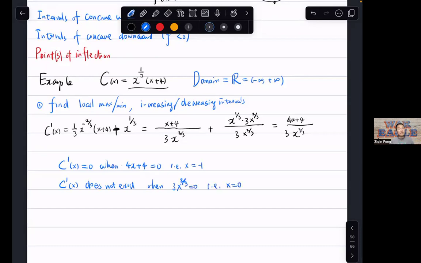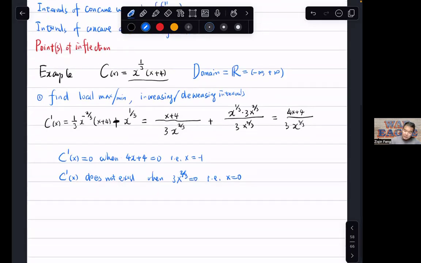So you still have two critical numbers. One is 0, the other one is what? Is -1, right? So these two numbers divide the whole domain into 3 intervals. You have from -infinity to -1, and from -1 to 0, and from 0 to positive infinity, right?